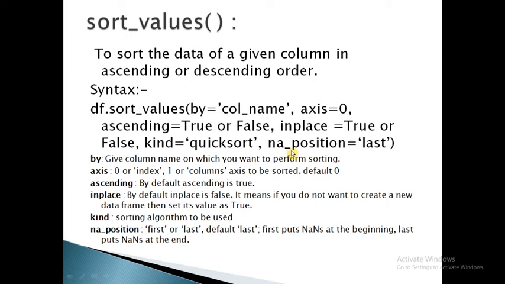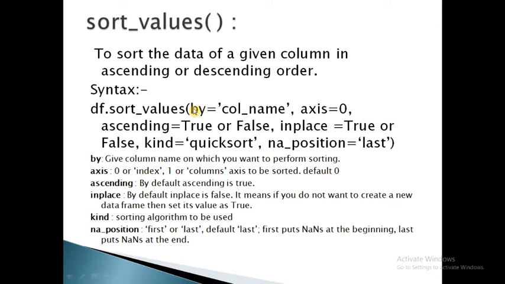Then next is na_position. Na_position takes two values, first and last. Default is last, and first puts NaNs, not assigned numbers, at the beginning, and last will take NaNs at the end. So this is the whole syntax that we are having.